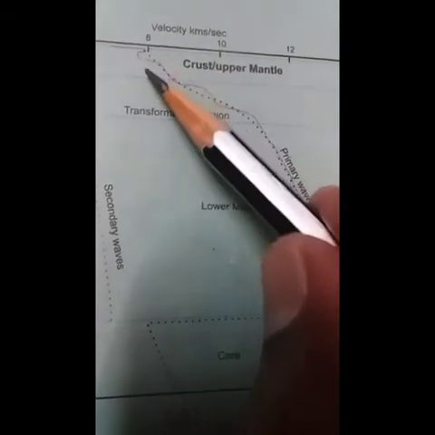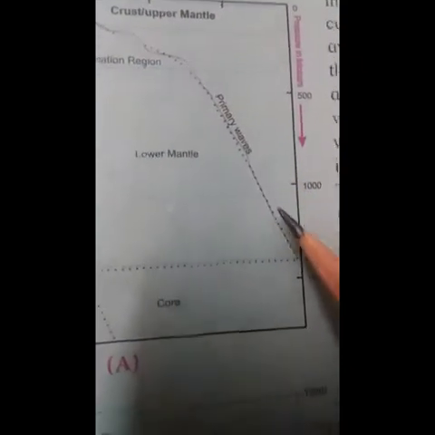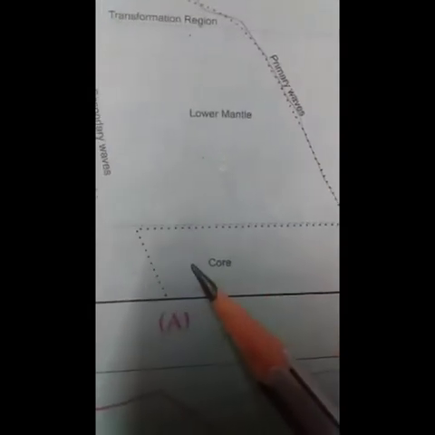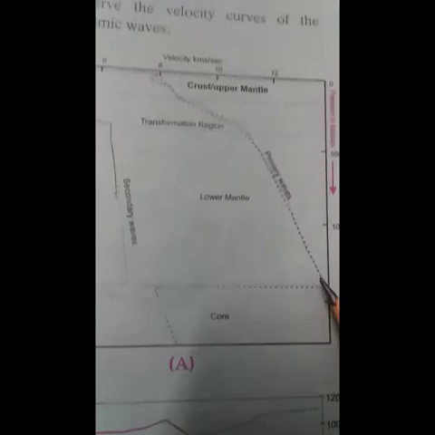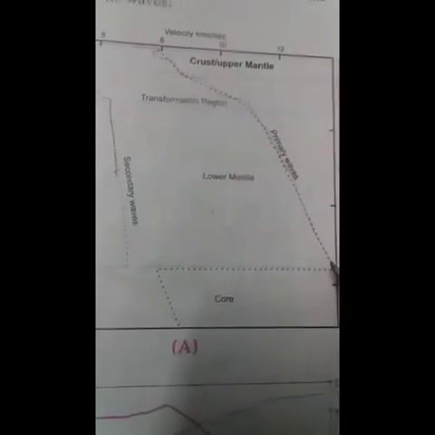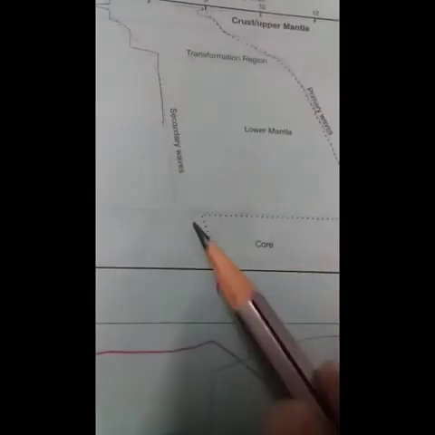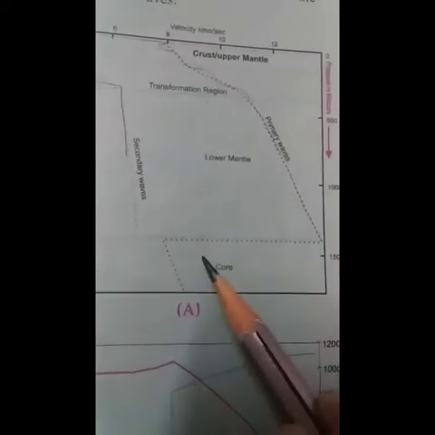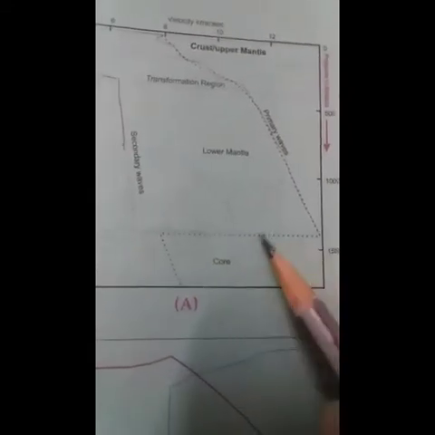And look at this curve of primary waves. Primary waves can travel through the core, but their speed reduces when passing through this layer. Look at this speed. The speed of primary waves near the boundary of the core reduces.